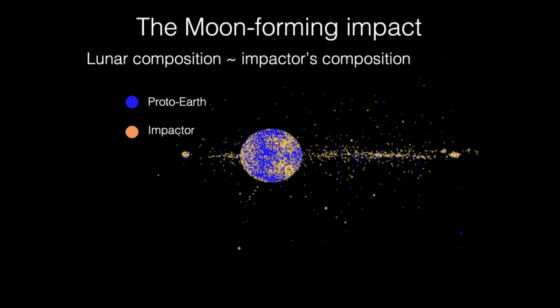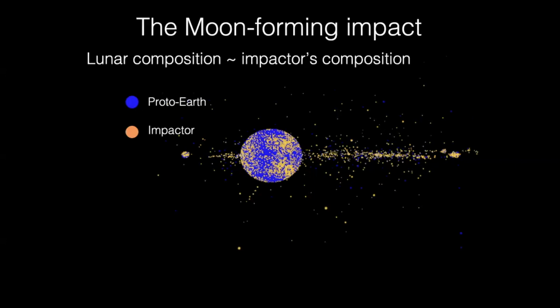Let's look at the same simulation with different colors. Now, the blue particles represent materials coming from the proto-Earth, and the yellow particles represent materials coming from the impactor. As you can see, most of the disk materials are coming from the impactor.